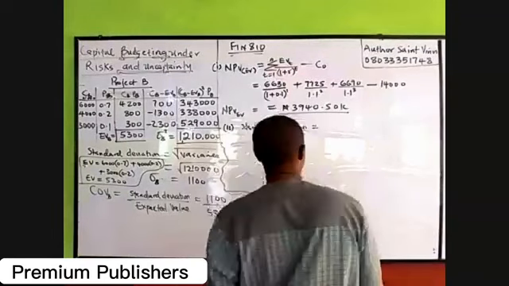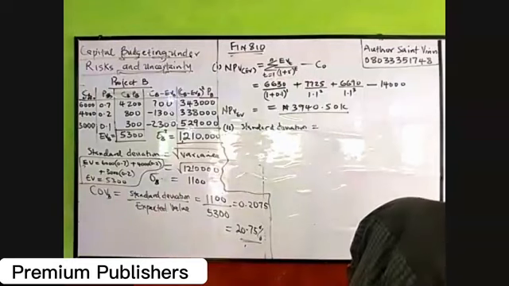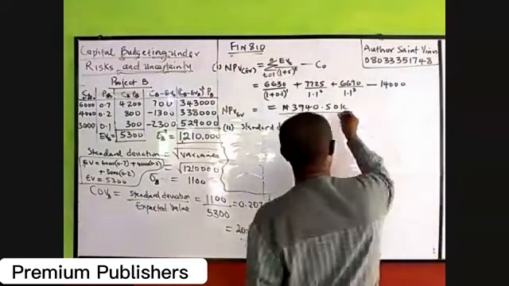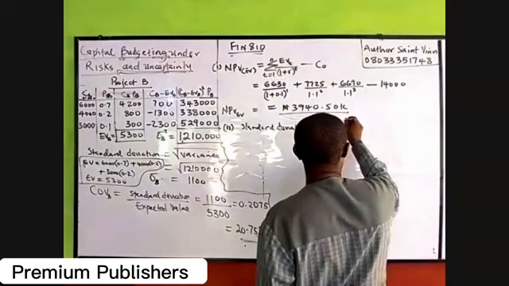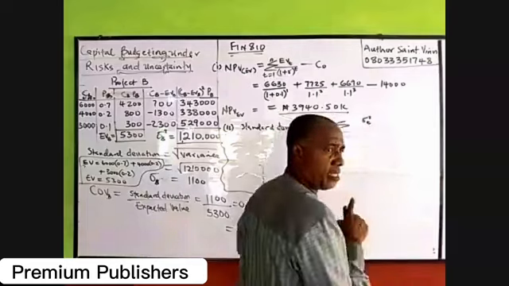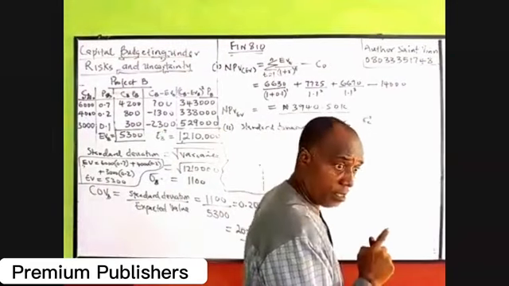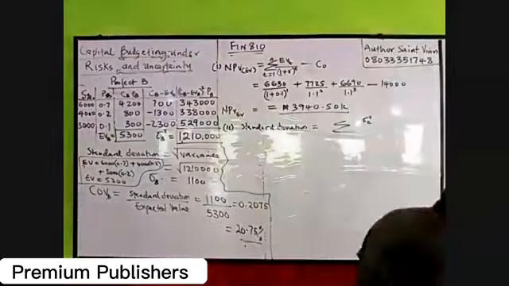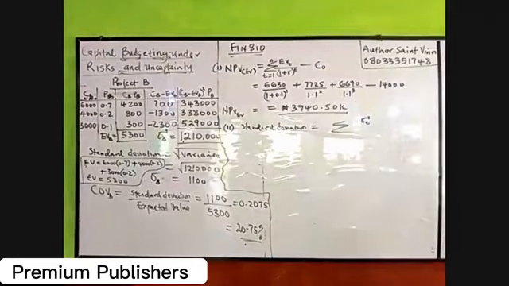And you all know that standard deviation must have a square root. So it's going to be summation of the variance of year 1 plus year 2 plus year 3.